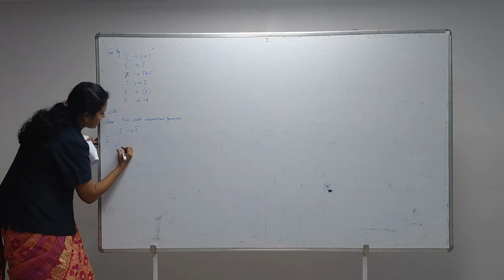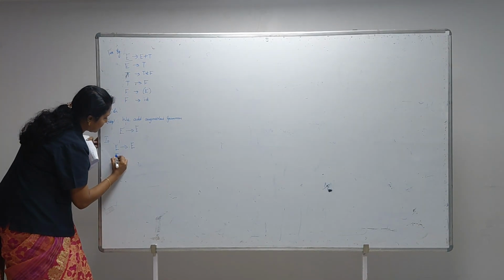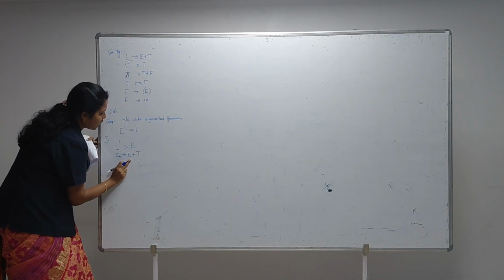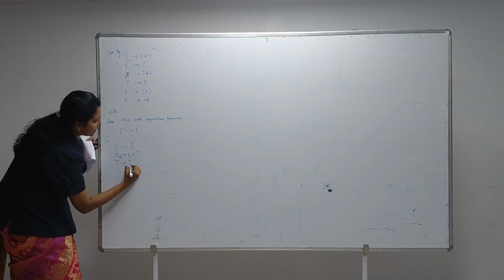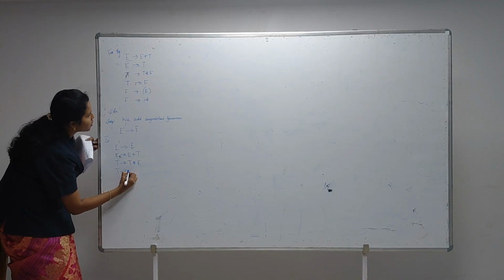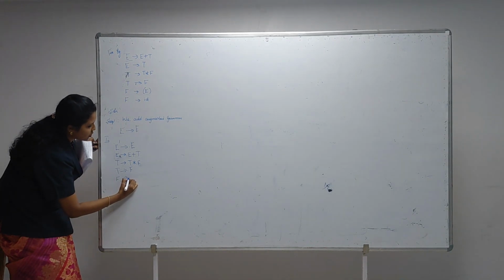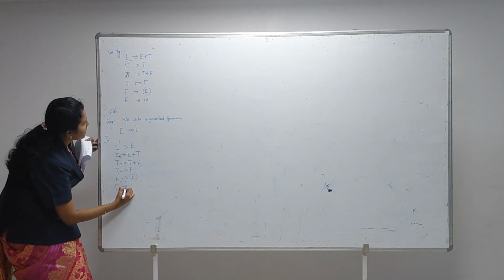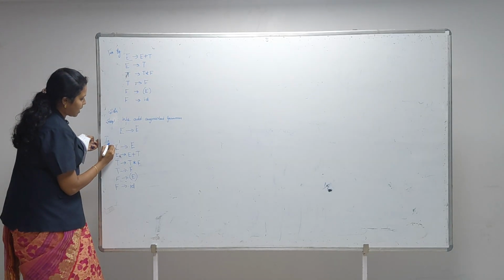It will start like E dash tends to dot E, and also followed by these productions E tends to E plus T. Before that, we have to keep the dot before the non-terminal E. Then again T tends to dot T star F, and also T tends to dot F. Next F tends to dot open parenthesis E and close parenthesis, and the last F tends to dot ID. So here we are giving the name as I naught.